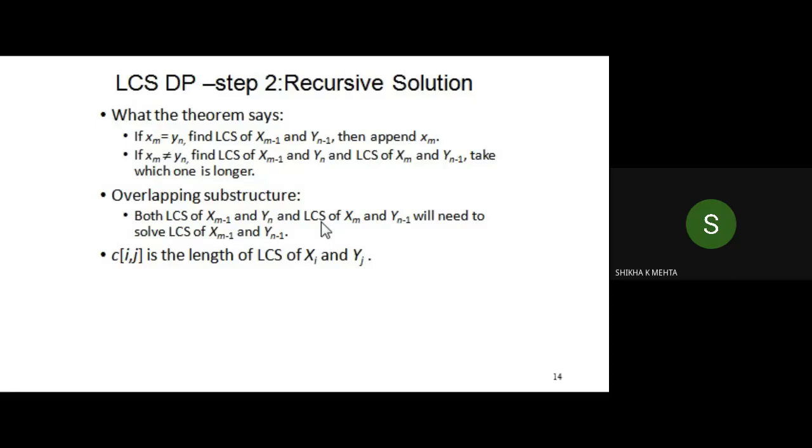Because the dynamic programming approach is a bottom-up approach. That means we first find the solutions to the subproblems, and then these are used for finding the solution to the main problem. That's why we are finding the overlapping substructures. If we are able to find Xn minus 1 and Yn minus 1, we can also compute Xn minus 1 with Yn and the LCS of Xn and Yn minus 1.